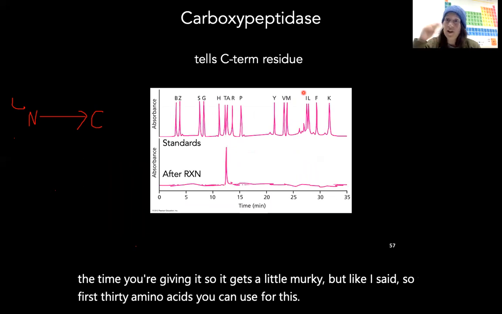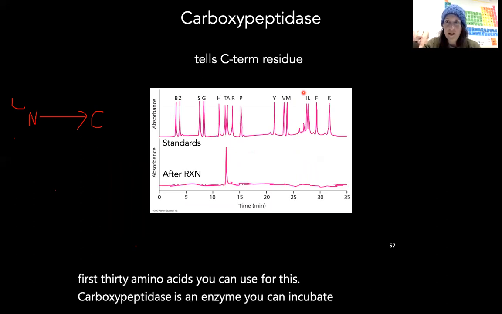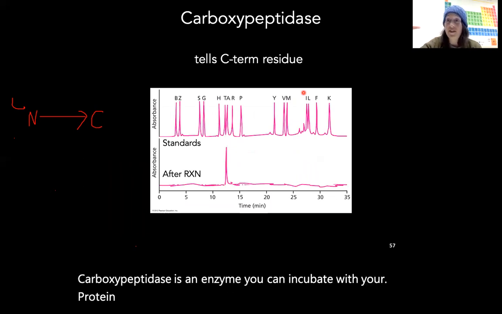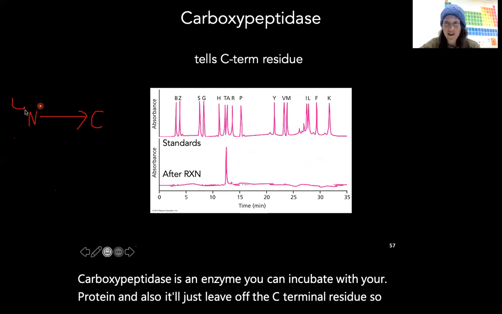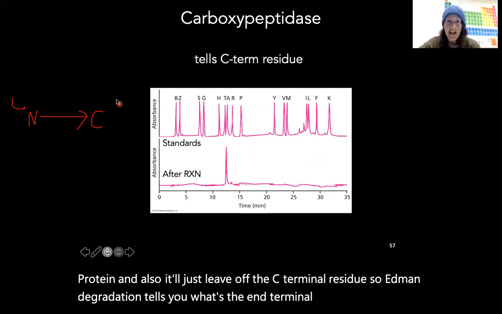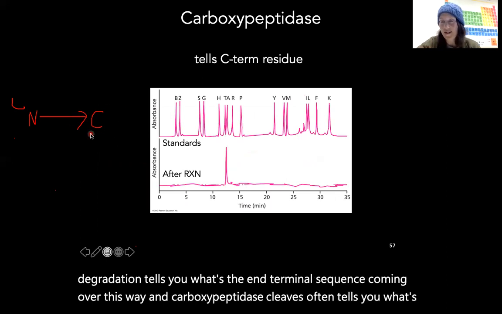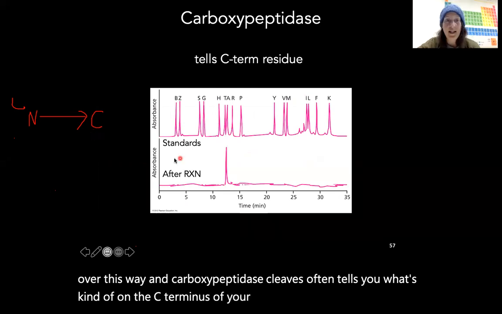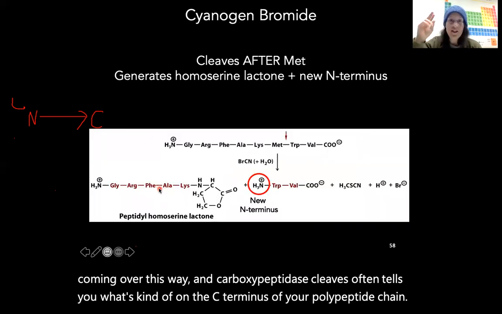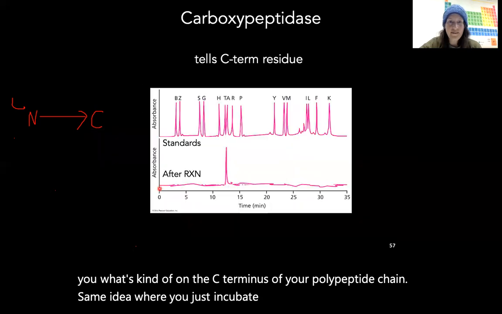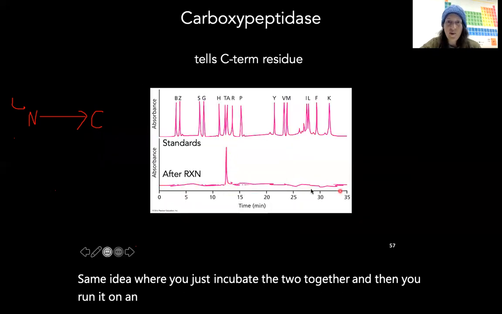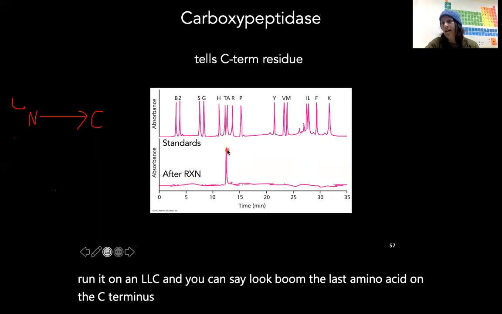Carboxypeptidase is an enzyme you can incubate with your protein, and it'll just cleave off the C-terminal residue. So Edman degradation tells you what's the N-terminal sequence coming over this way, and carboxypeptidase cleaves off and tells you what's on the C-terminus of your polypeptide chain. Same idea, where you just incubate the two together, and then you run it on an LC, and you can say, oh, look, boom, the last amino acid on the C-terminus is alanine.